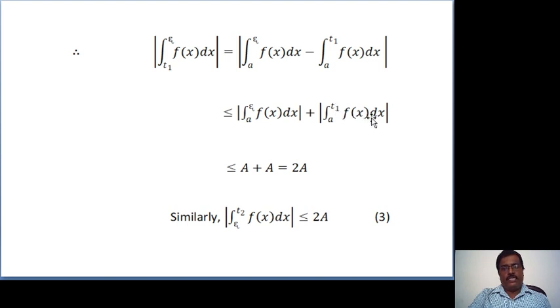This is less than or equal to A plus A, because the integral of f is bounded. So this is equal to 2A. Similarly, the absolute value of the integral from epsilon to t2 of f of x dx is also less than or equal to 2A. Applying the same technique as here, call this equation 3.